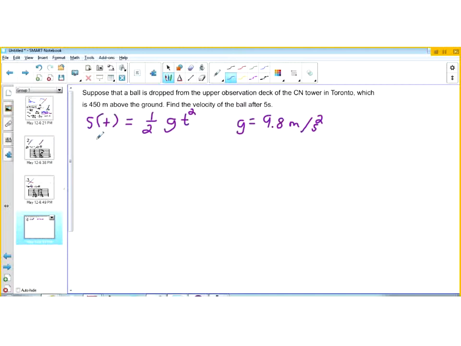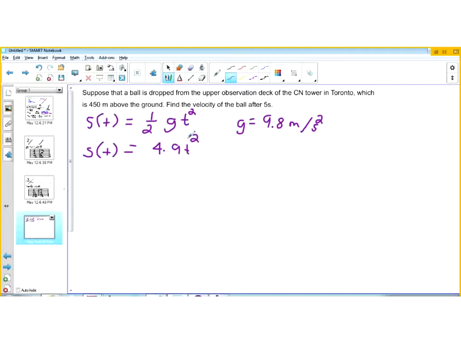Okay, so that means that if we climb to the top of this tower and we drop the ball, the position with respect to the platform from which we dropped it as a function of time would be 4.9 t squared. All right, so that's our position function.